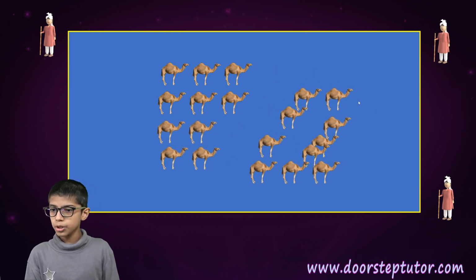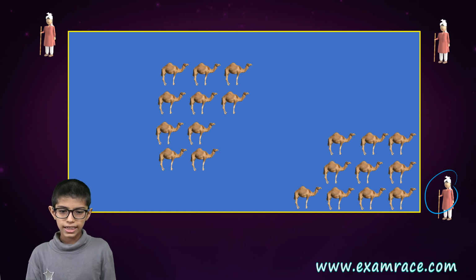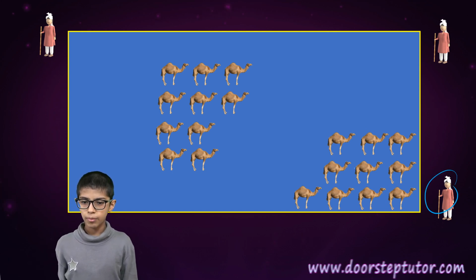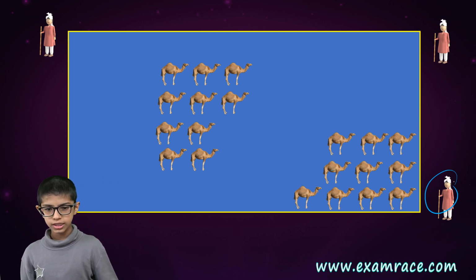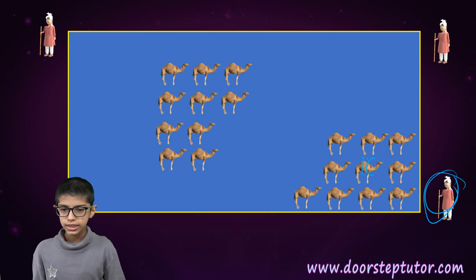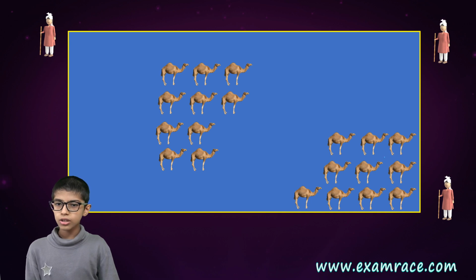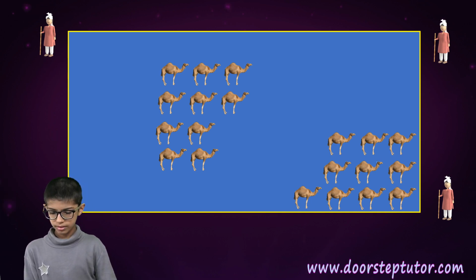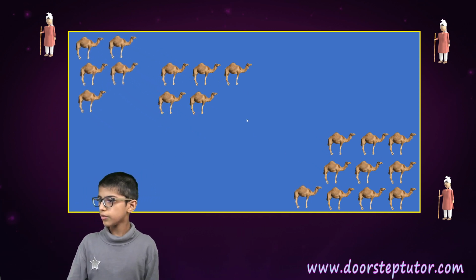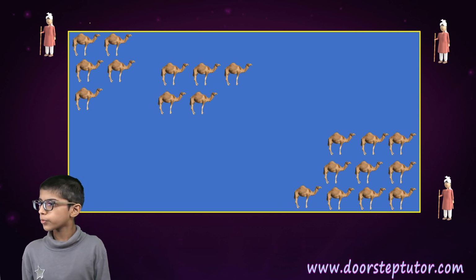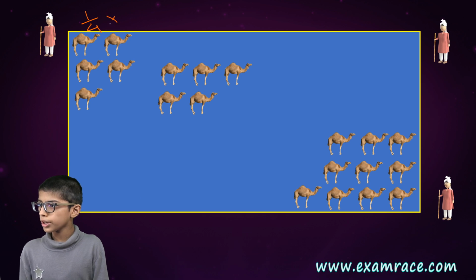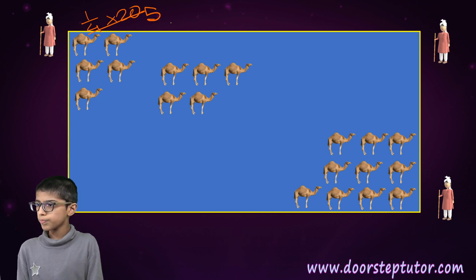Now, they distributed it. So, the eldest of them got how many camels? Half of 20. What is it? It is 10. So, the eldest one got 10 camels. Now, the next one got 5 camels as 1 by 4 of 20. 1 by 4 into 20 is equal to 5.